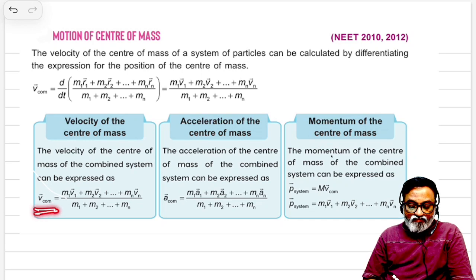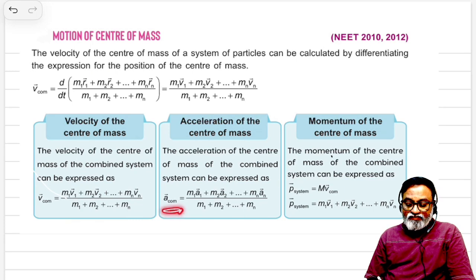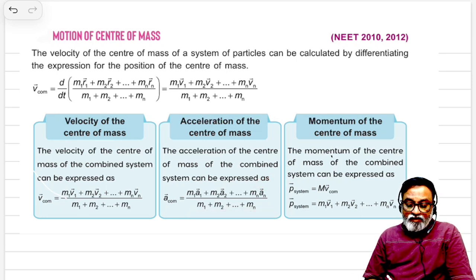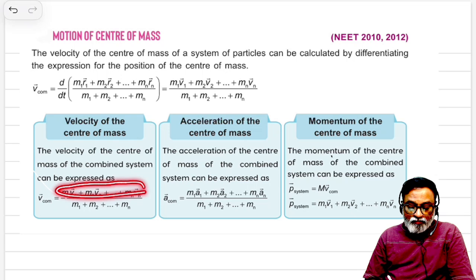Velocity of center of mass, VCM, is equal to m1 v1 bar plus m2 v2 bar, and so on, mn vn bar, by m1 plus m2 plus mn. Like that, acceleration of center of mass is m1 a1 bar plus m2 a2 bar plus so on mn an bar by m1 plus m2 plus mn. See here, this is nothing but the total momentum of the system, and this is the total mass.